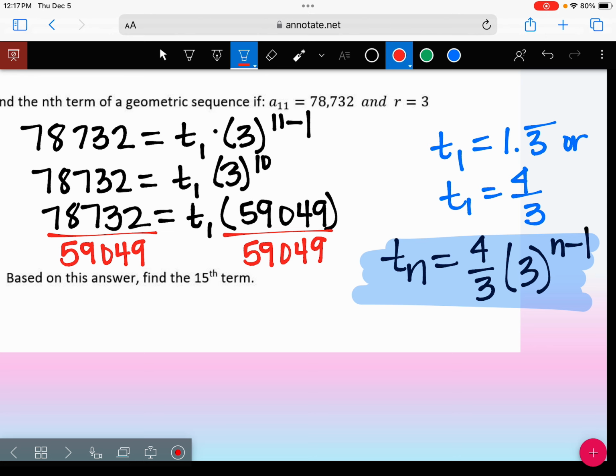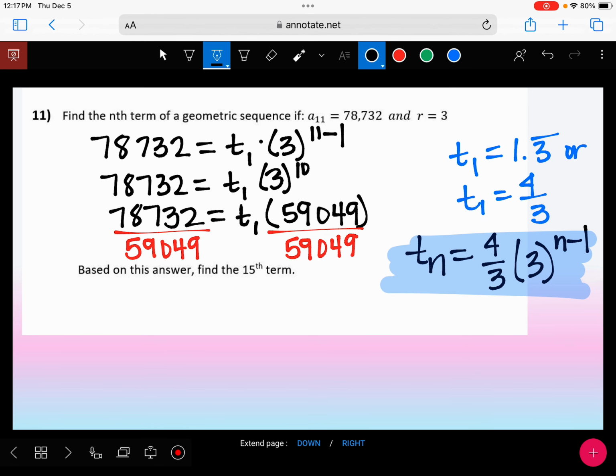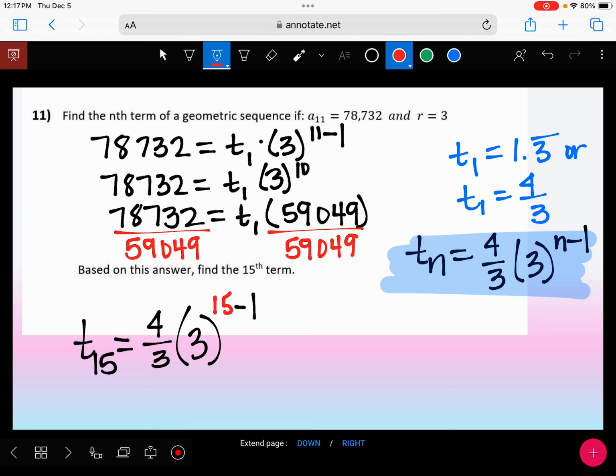Now use that rule to find the 15th term. It does change it, yeah. Some fractions it doesn't matter, but if you have to round it, then it's going to change the accuracy. So I would recommend you use 4/3.